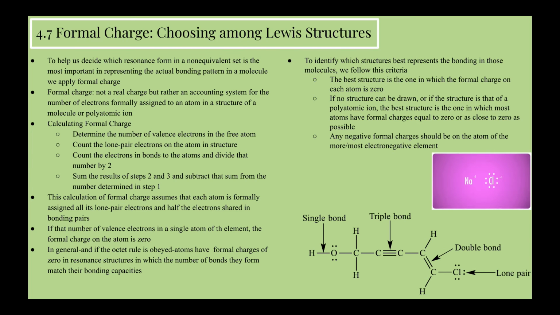Then you count the lone pair electrons on the atom in the structure. You count the electrons in the bonds to the atom and divide that number by 2, and you sum the results of steps 2 and 3 and subtract that sum from the number determined in step 1. This just assumes that each atom is formally assigned its lone pair electrons and half the electrons shared in the bonding pair. And that's how you find the formal charge.